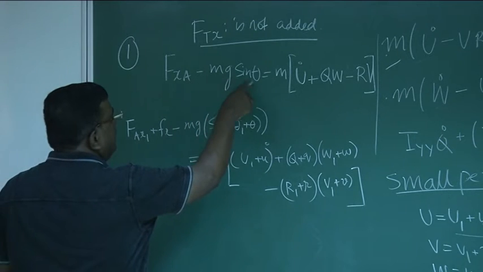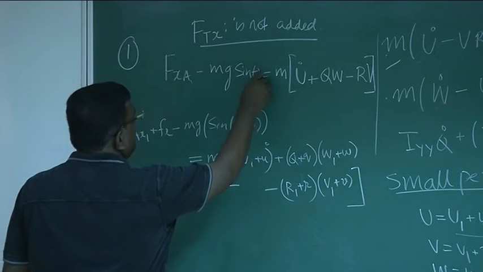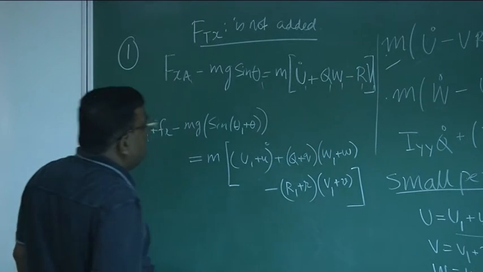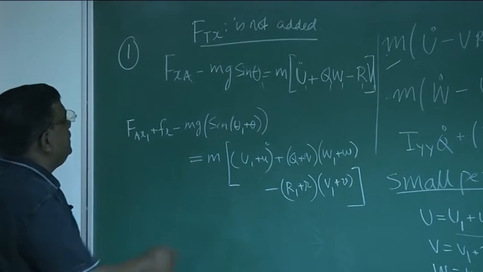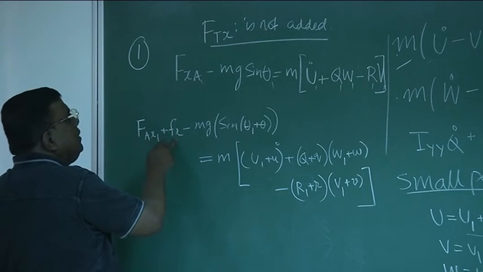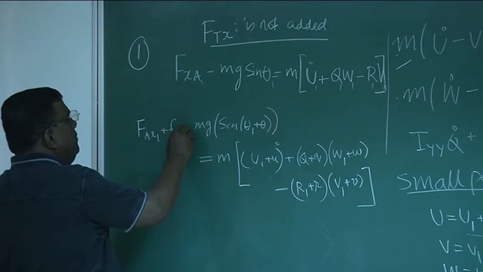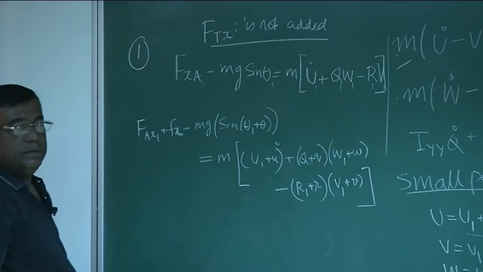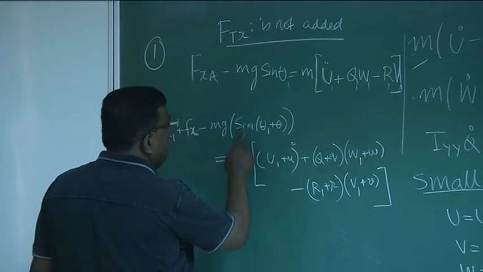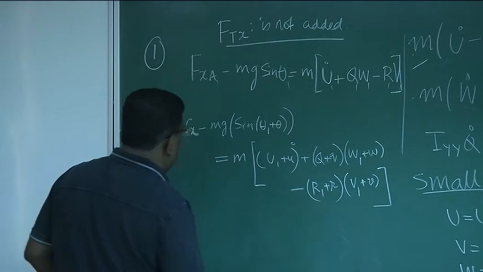All these quantities were at steady state: Fx1, sine theta 1, u1, q1, w1, r1, v1. But the moment I have given disturbance, Fax1 has now become Fax1 plus some perturbed aerodynamic force because of perturbation, right? So now I can expand this by applying sine and all this multiplication.